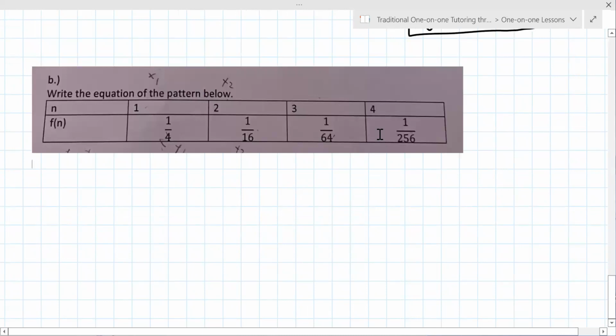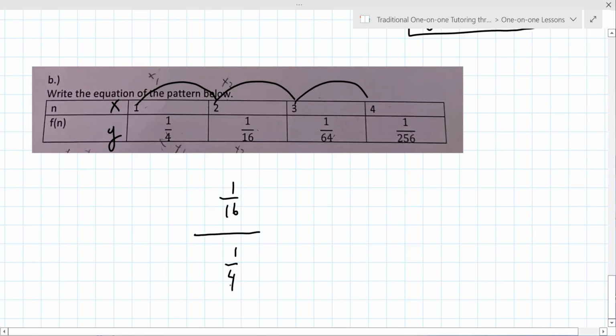So the difference here is that, even though X goes up by 1 each time, like we talked about last night, this does not go down by the same amount. It's kind of like you have to guess and check here. You don't know enough to be able to do it. So one thing you can do is take the second term and divide it by the first term.